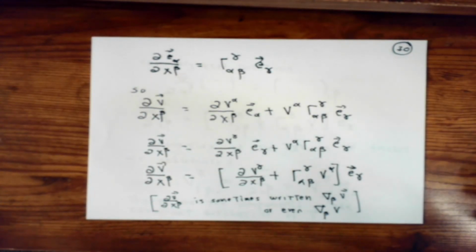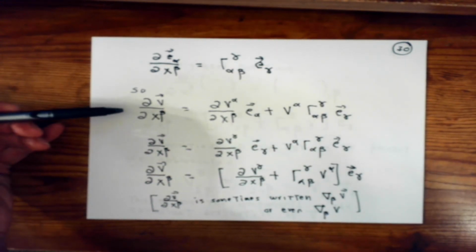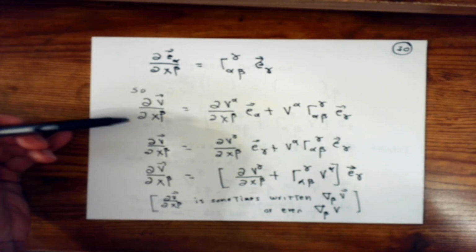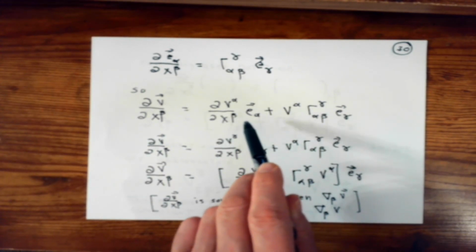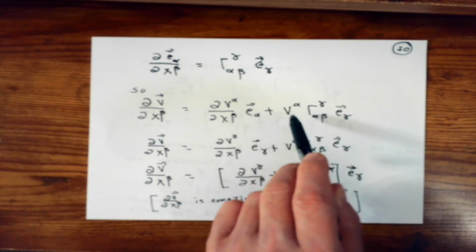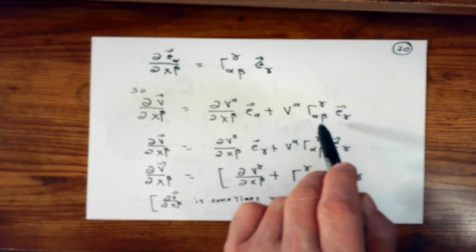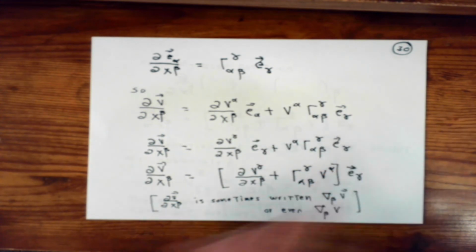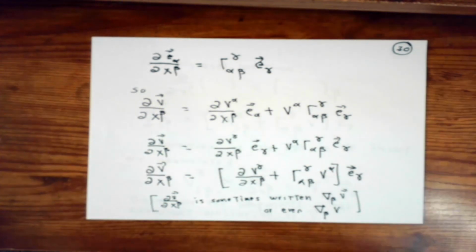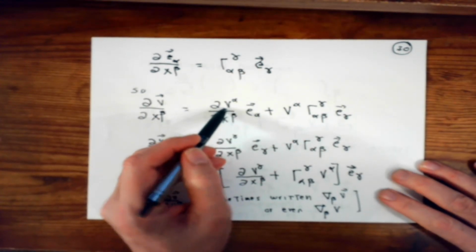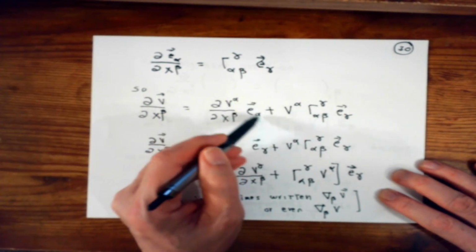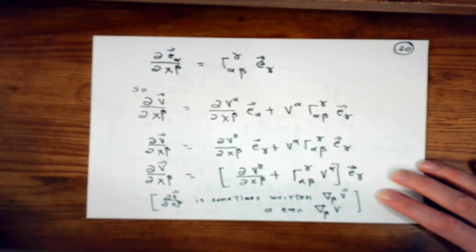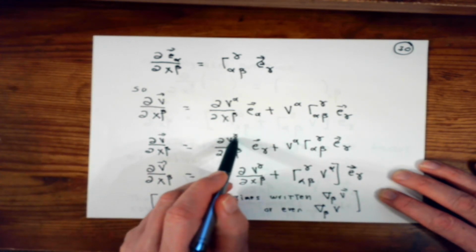So what this tells me is the partial of a vector with respect to x number beta is what you would get if you were doing Calc 3, plus V alpha times capital gamma, little gamma alpha beta, E gamma. In this first term, alpha is an index of summation, so as long as it doesn't conflict with anything else, I can relabel the alpha to be gamma.